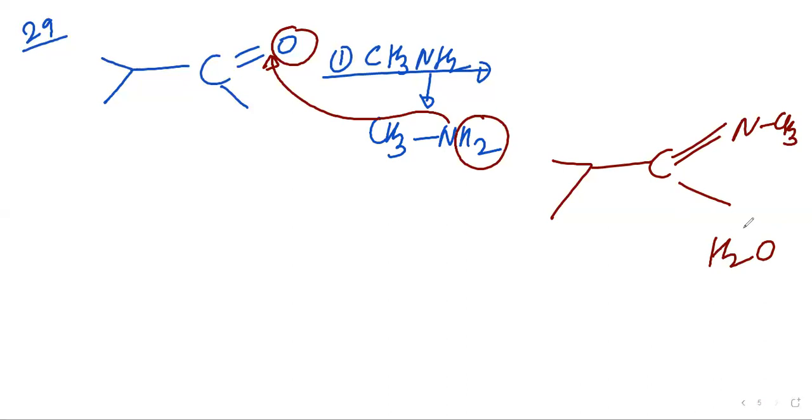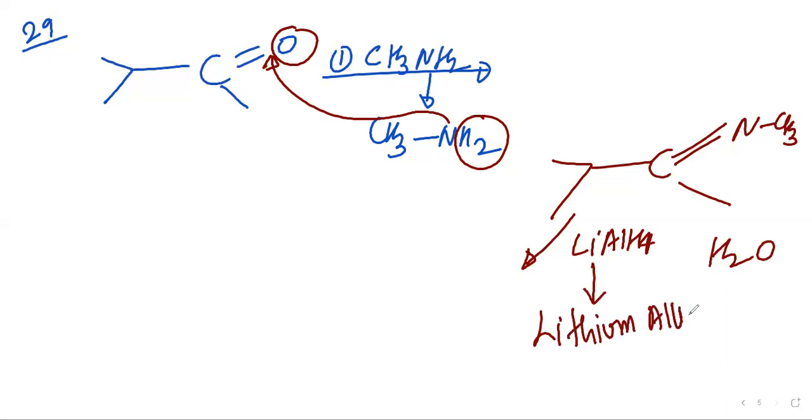So when it is now reduced in the second step, we are using lithium aluminum hydride. Name of this compound is lithium aluminum hydride. So this is your reducing agent.